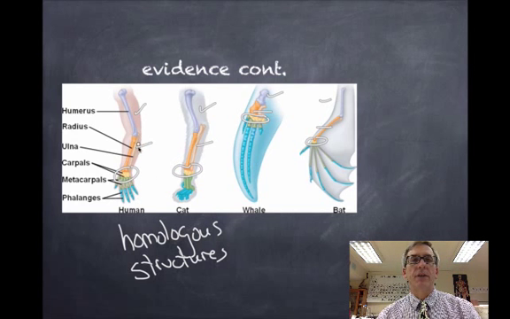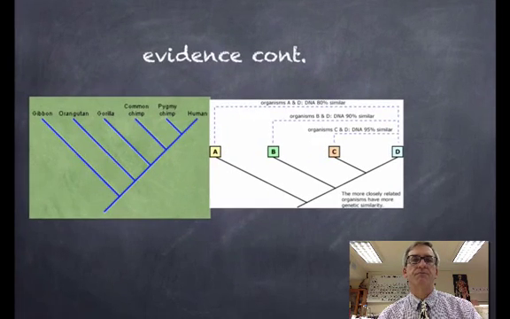All of these are very similar structures, but they're used for different functions. Bats stretch out some thin skin across this part of their body, which allows them to fly. Whales have this modified to be flippers, and humans, of course, have theirs for picking things up, throwing things, that sort of thing, and cats would be using theirs for walking.